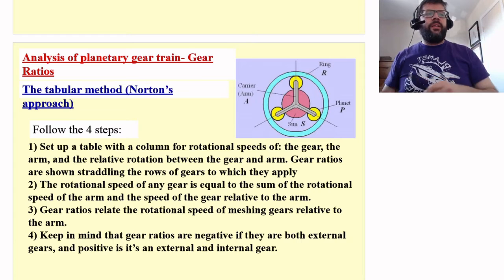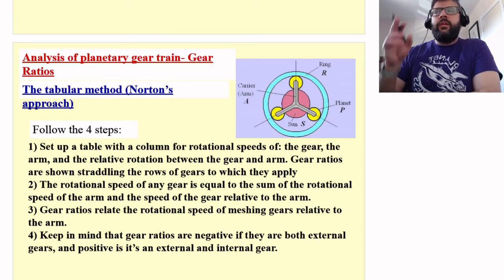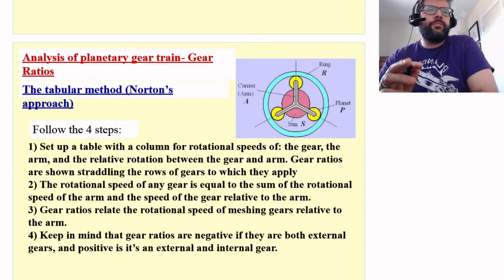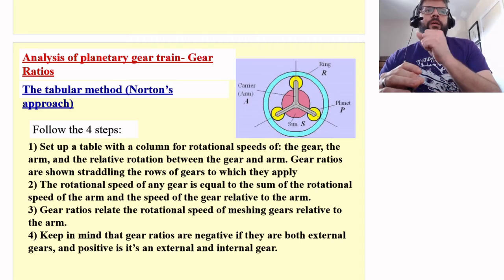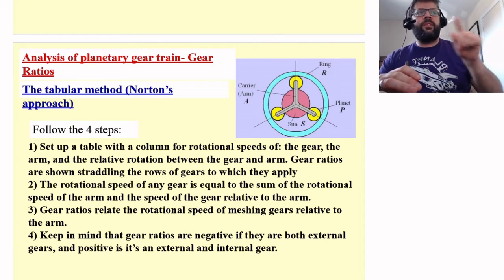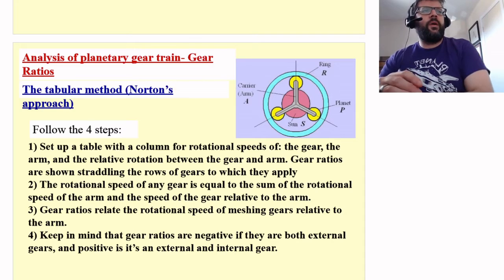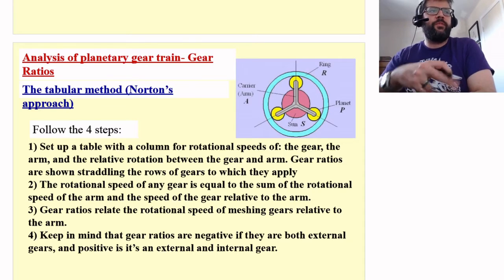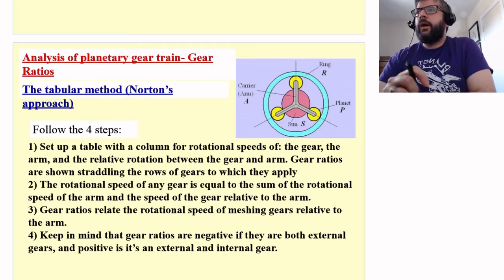Then we have a gear ratio column. Because the carrier rotates around, it's applying that relative rotation between the planets and either the sun or the ring.